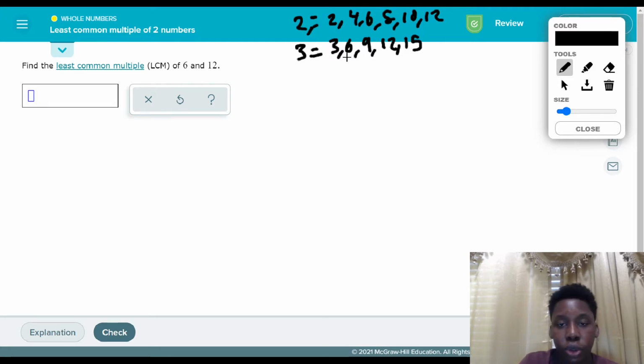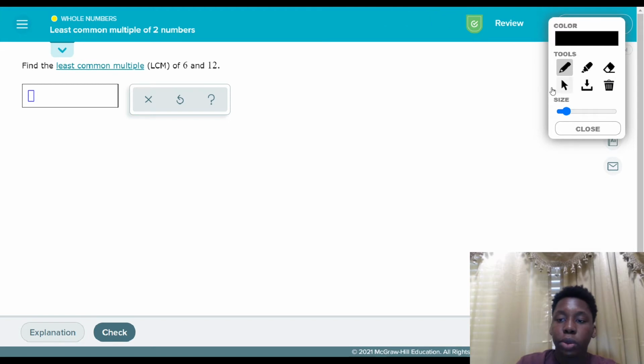The first number that shows up in both is 6, so 6 is the least common multiple. 12 is also in both, but 12 is not the least multiple. We're going to use that same concept to work with this kind of question.